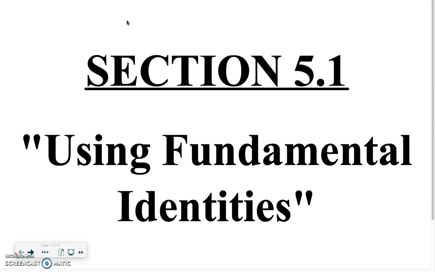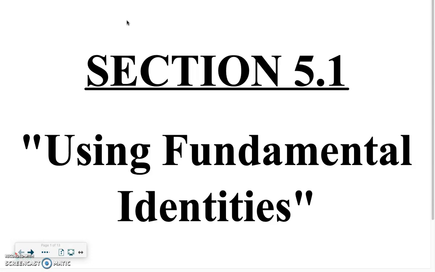We saw most of these back in chapter 4 when trig identities were introduced. If you recall, when we introduced these things, what I was trying to tell you with these fundamental identities was that we want to make you aware of these.